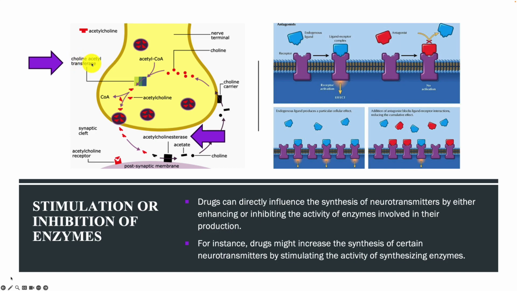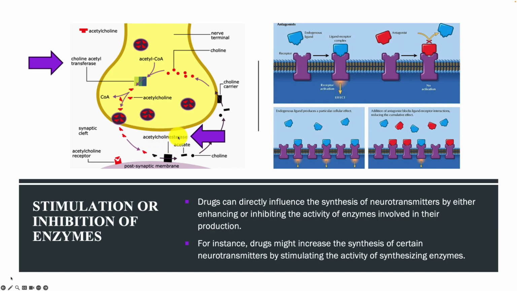What does that mean? That means we would have less acetylcholine being put into these vesicles. So we can inhibit this enzyme here. I mentioned in class that we can also inhibit this enzyme, which is acetylcholine esterase, not transferase.